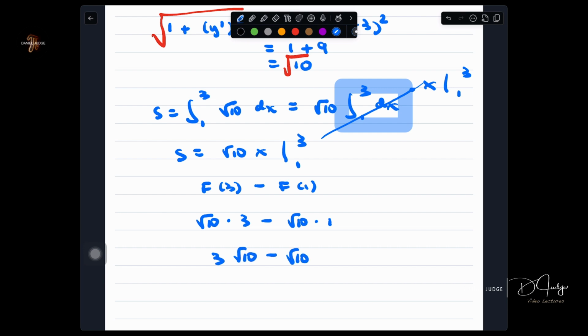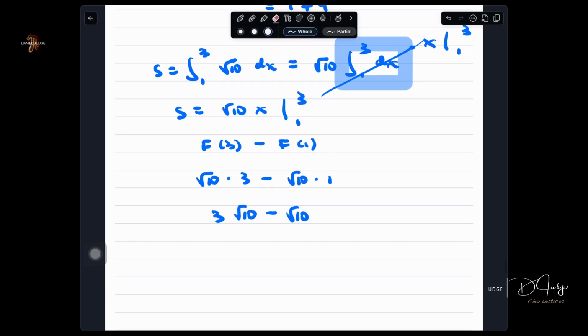Oops, let's be careful. Yeah, this will be 2 square root of 10. Okay, so the arc length will be 2 times the square root of 10.